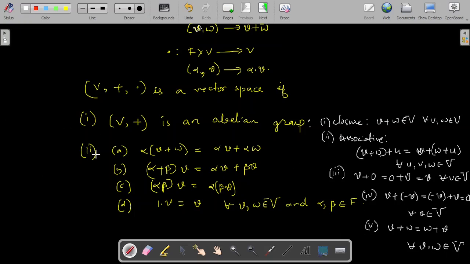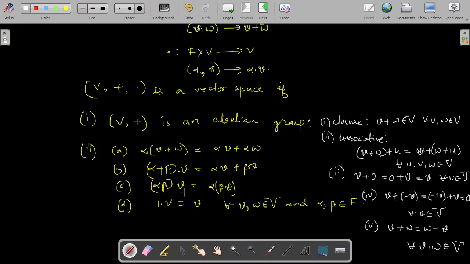And the second condition is that the scalar multiplication should satisfy these. Scalar multiplication is distributive, that is alpha into (v plus w) equals alpha v plus alpha w. This is scalar multiplication distributive over vector addition. Similarly, scalar addition is distributive over scalar multiplication: (alpha plus beta) dot v equals alpha v plus beta v.